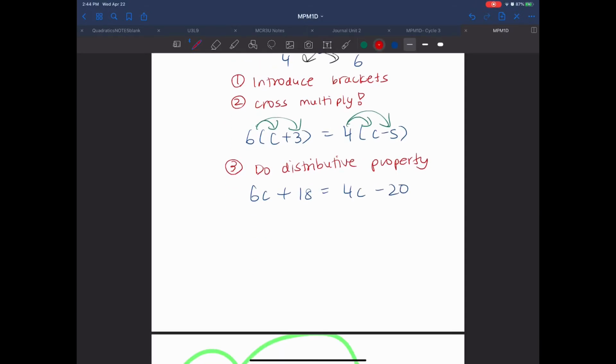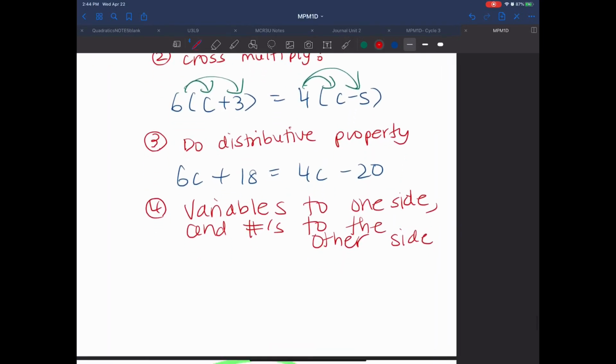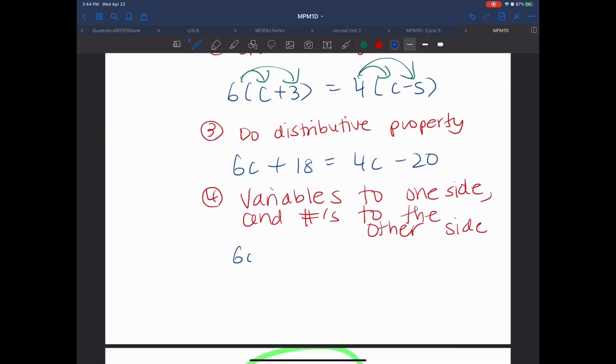So as my next step, I want to get variables to one side and numbers to the other side. Notice that where I put my letters and numbers doesn't really matter as long as you're following everything algebraically correctly.